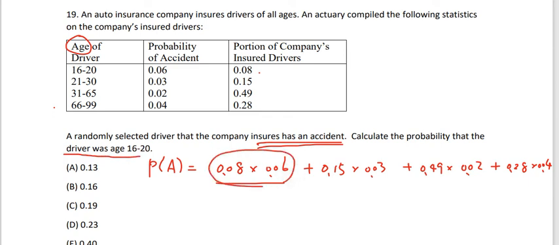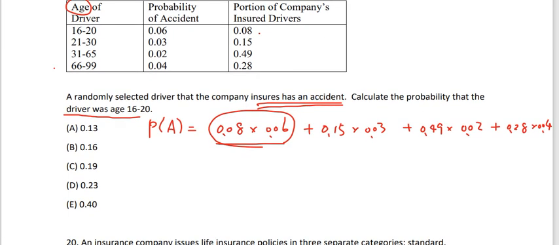What is the chance for this part? We need to find the probability among the total. So this is the total car accident. Then what is the proportion of car accidents just from those young people?